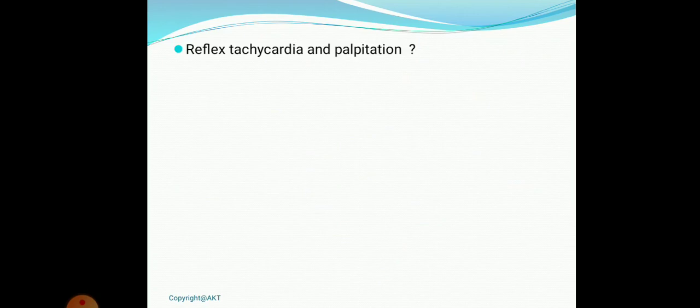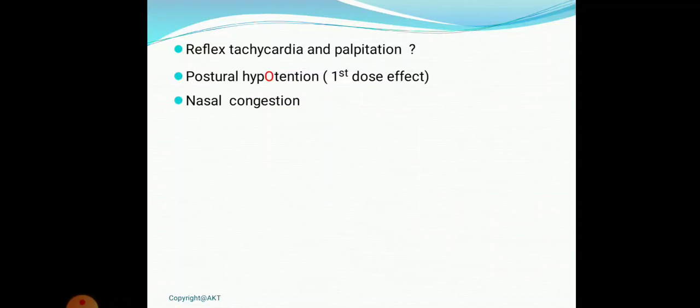Among the actions: reflex tachycardia and palpitation, already mentioned. It can produce postural hypotension, known as the first dose effect, because tolerance slowly develops on continuous use of the drug. So postural hypotension will be more prominent on initiation of treatment. Nasal congestion, because of vasodilatation of the blood vessels in the nasal mucosal bed.